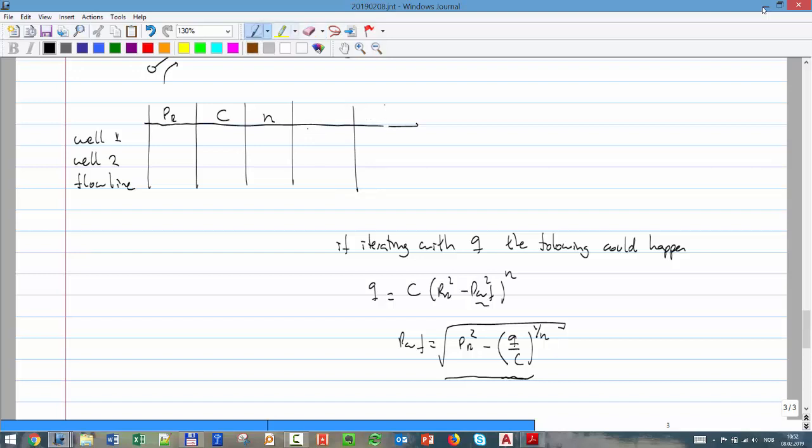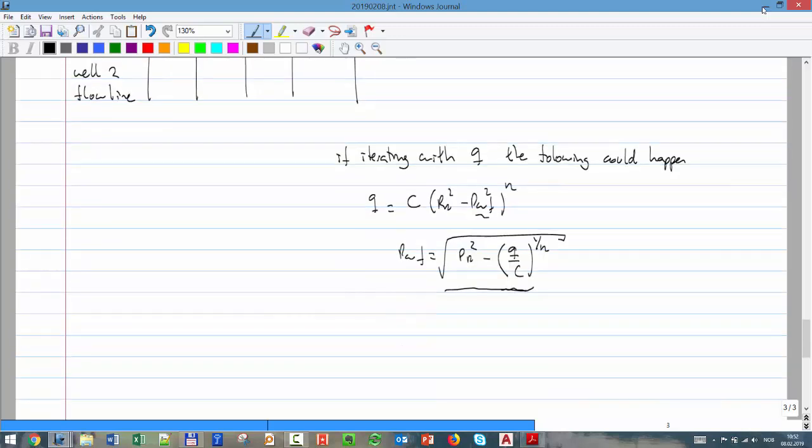On the other hand, for PWF, you know what the ranges could be, right? You know it has to be lower than reservoir pressure, and at least higher than separator pressure, for example. So you know a bound for PWF.